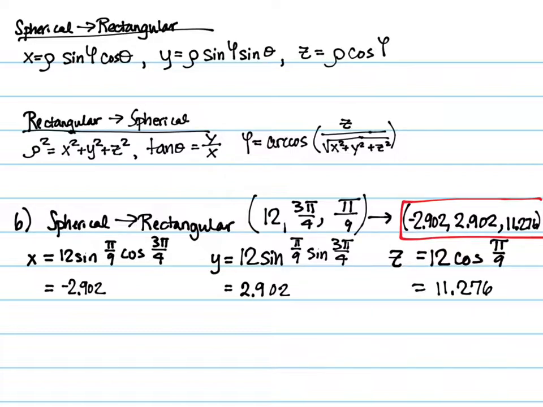Okay, the next two are to change our equations from one to the other. So we're going to do rectangular to spherical. And our equation we're going to be working with is x squared plus y squared minus 3z squared equals 0.